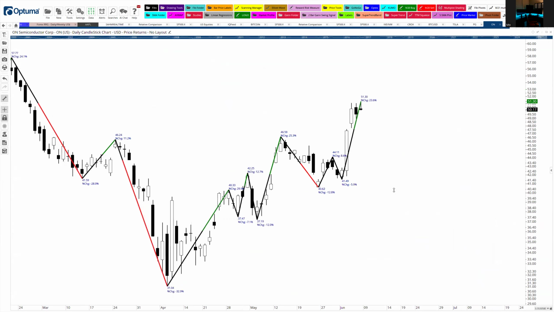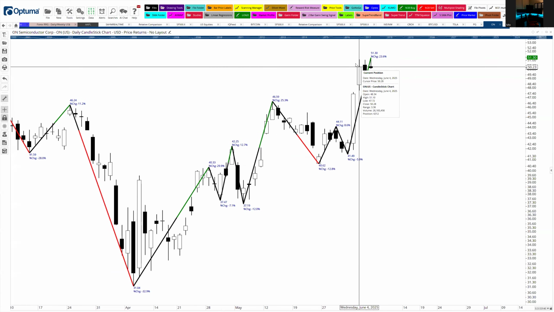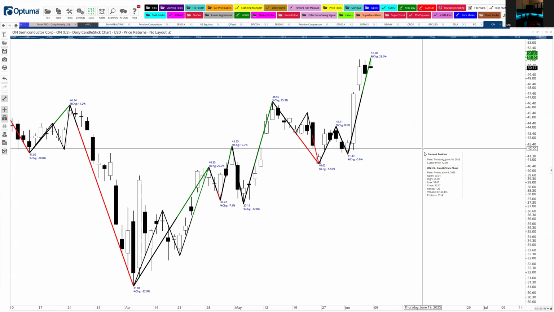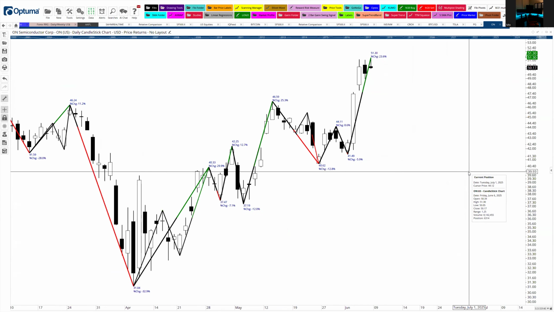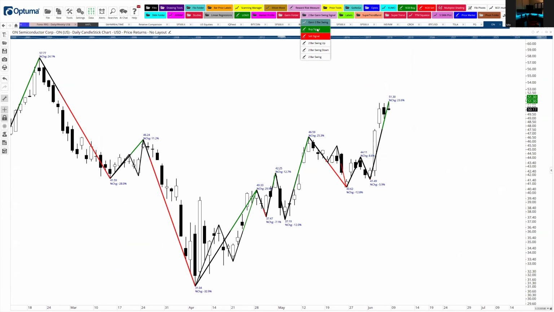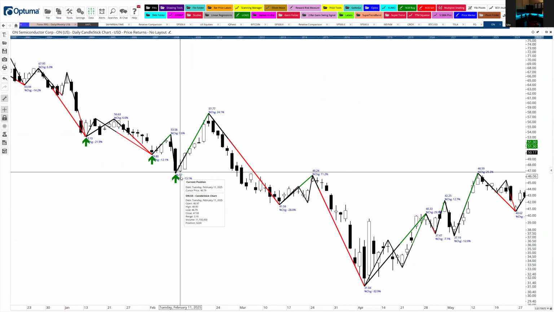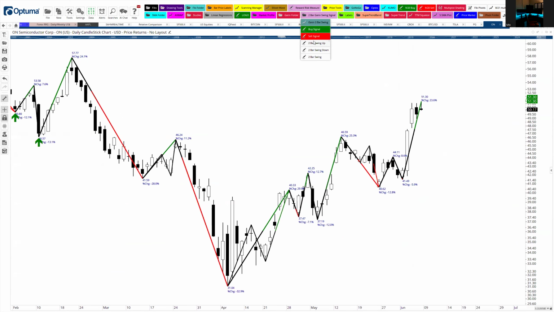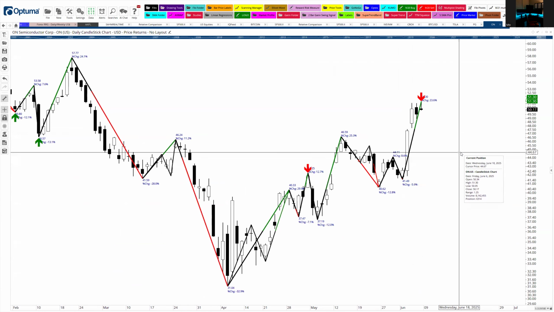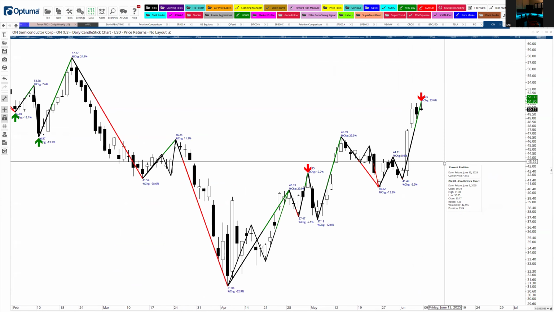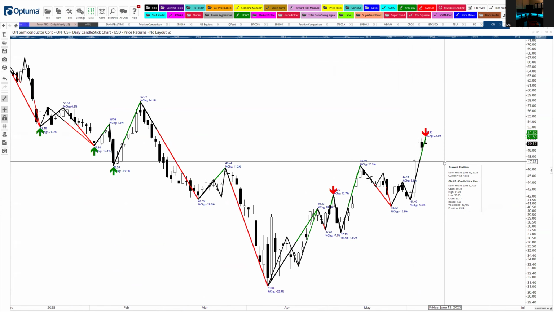Nothing in the bottom. Yeah, let's wait for a bit of a pullback now.